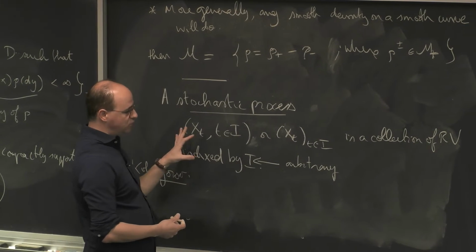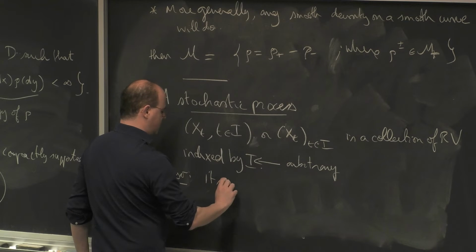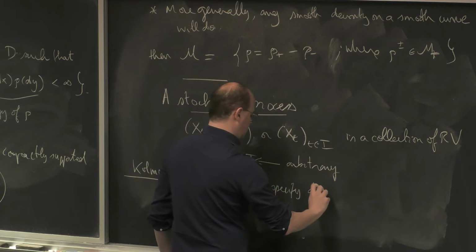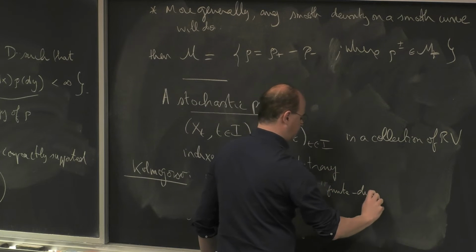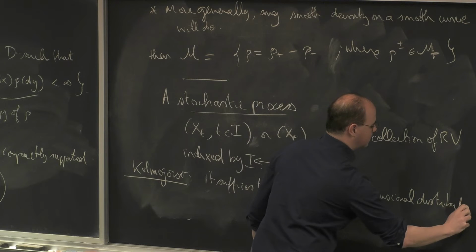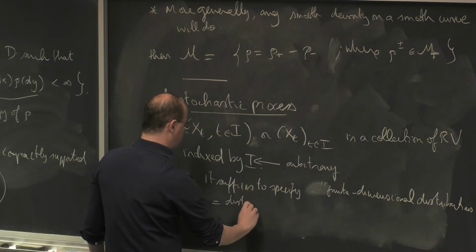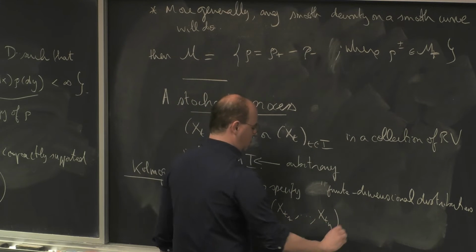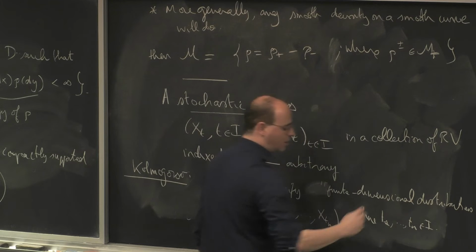Kolmogorov tells you that if you want to define a stochastic process indexed by I, it suffices to specify what are called the finite dimensional distributions. This will be the distribution of X_t1 through X_tn, where n is arbitrary and t1 through tn are arbitrary.